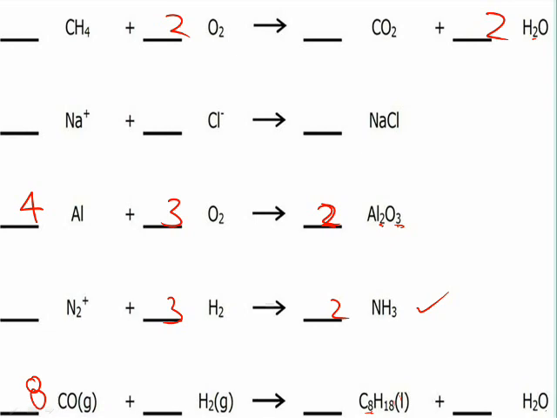There's 8 carbons there, and so that makes 8 oxygens. We'll put an 8 there. So this makes it 16 hydrogens plus 18 hydrogens. 16 plus 18 is 34, I believe. And so then I just have to put a 17. And that should be balanced.